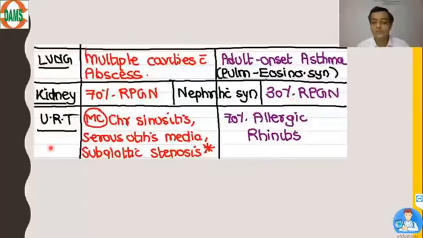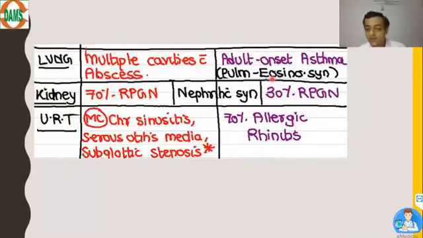So upper respiratory tract. What you haven't read, leave it, I will explain. Below adult onset asthma, pulmonary eosinophilic syndrome is written. Churg-Strauss also belongs to the group of pulmonary eosinophilia syndrome, so you will cover Churg-Strauss as a differential for asthma also.